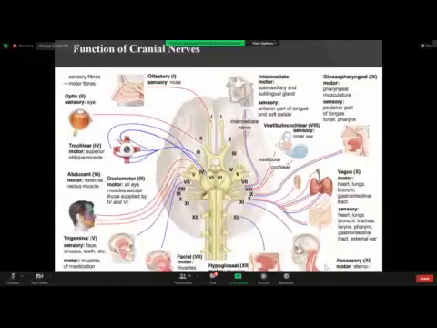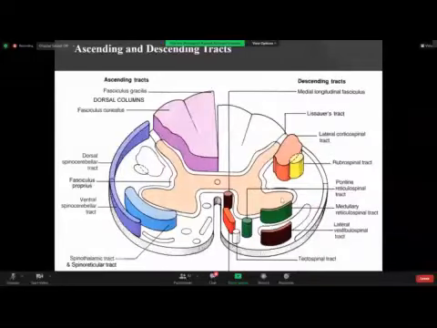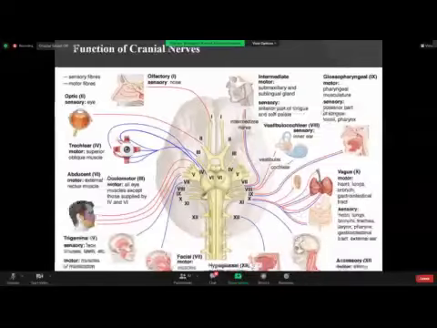The accessory nerve, it's mainly involved in this one muscle, that is the sternocleidomastoid muscle, and the trapezius, which is on the back side, but mainly it is involved in just turning of the head from one side to the other one. Hypoglossal, this is again for the muscles of the tongue. Okay, so this is how cranial nerves that are originating from within the skull, they are then going out and doing their function in the rest of the body.